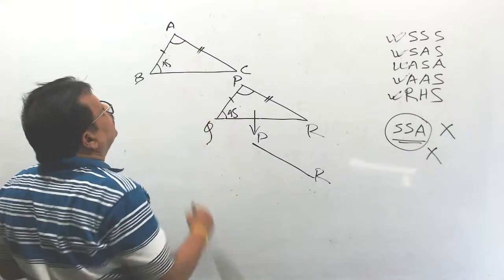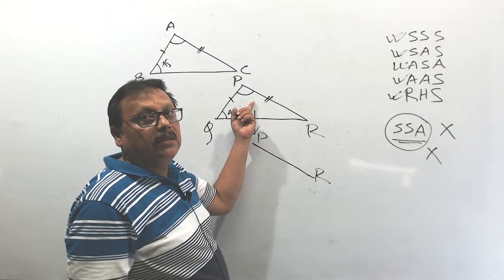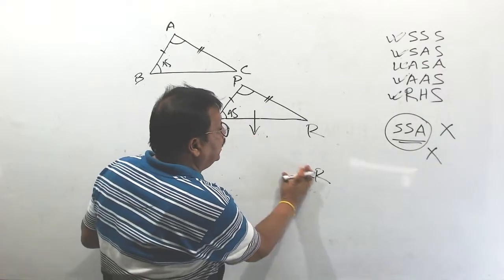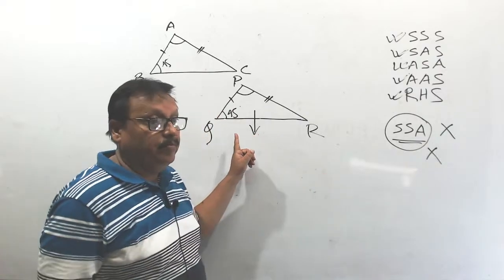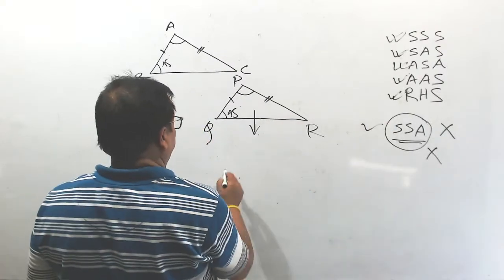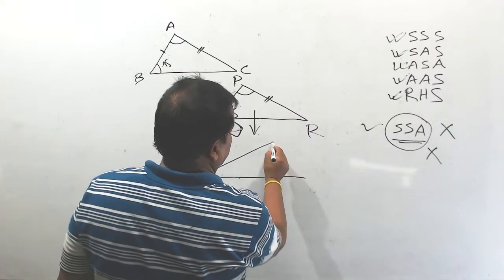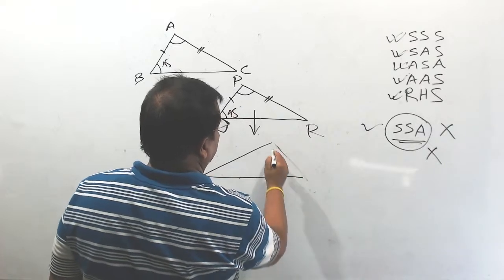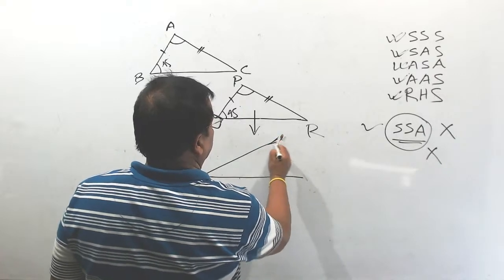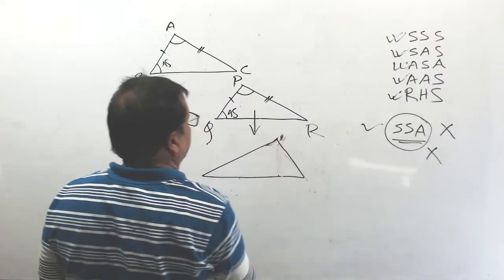Is it not? So the triangle is an obtuse angle triangle. It will be more than 90. For the obtuse angle triangle, the SSA criterion will be fulfilled. Now see.